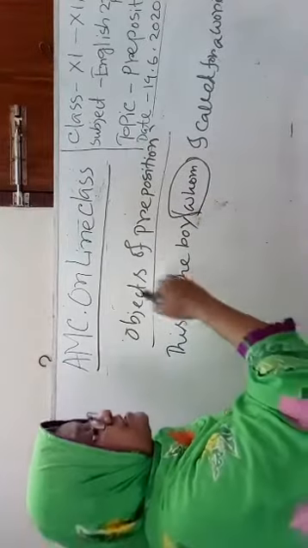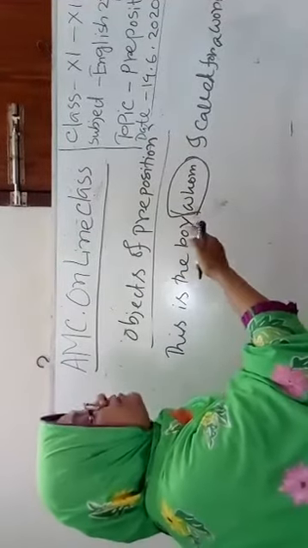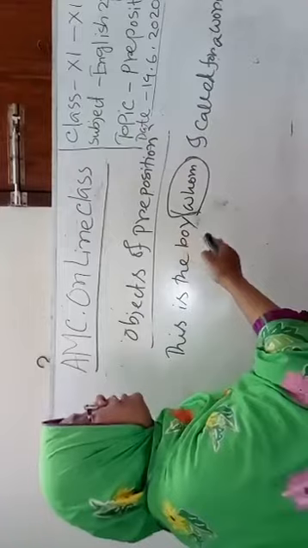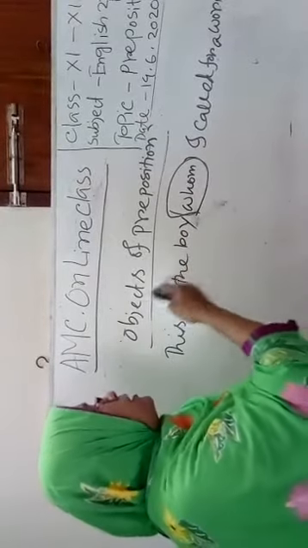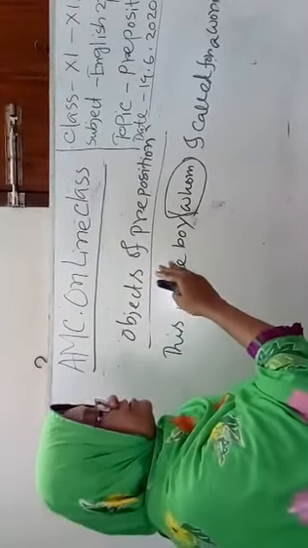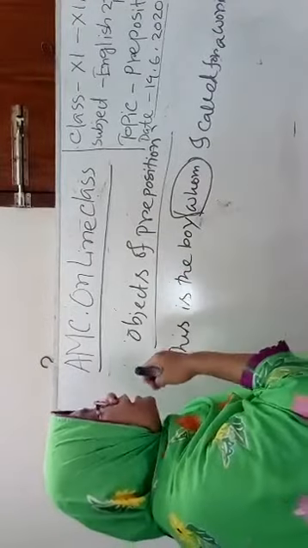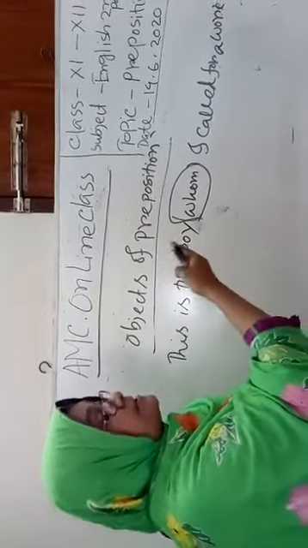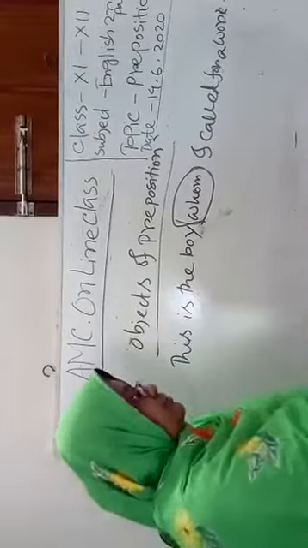That means it is just hidden, or withdrawn. So this is an example of objects of preposition. That means when a preposition is taken, a relative pronoun is taken as the object of the preposition.